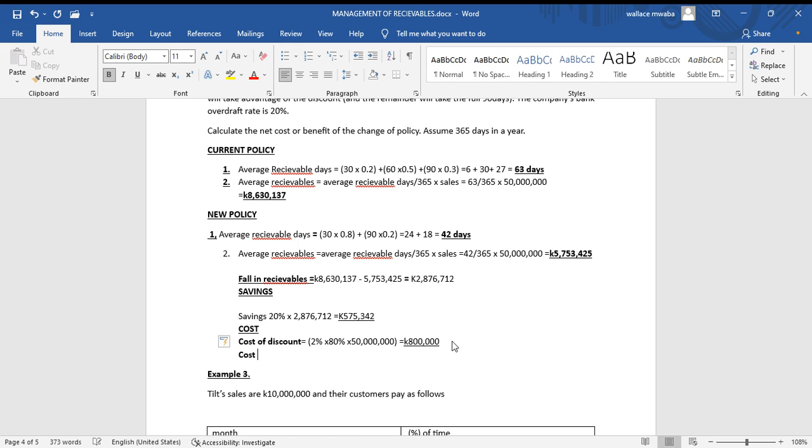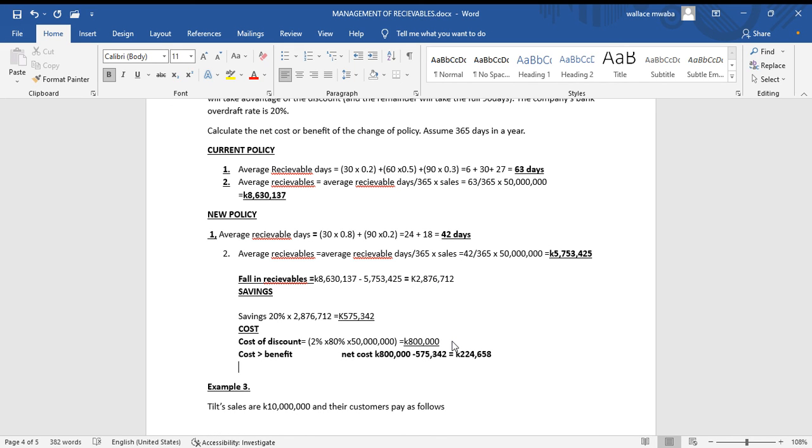The cost is greater than the benefit, so we find our net cost: 800,000 minus 575,342 gives 224,658.